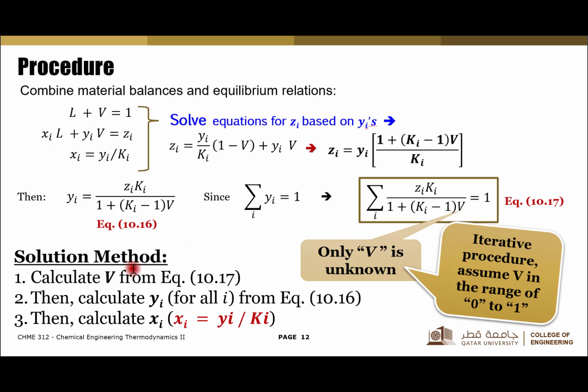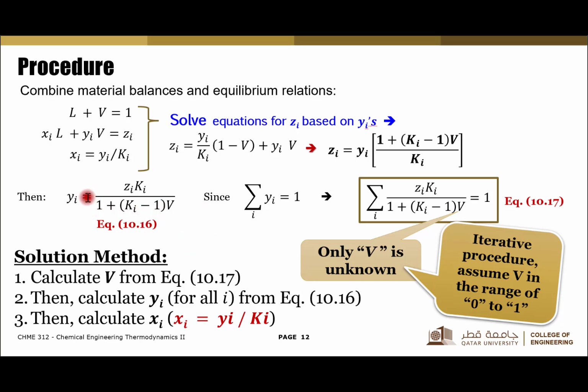Once we have that, we know the vapor, and we can get the mole fractions in the vapor phase, which is basically this equation separated into its separate terms. For component 1, y1 equals z1 k1 over 1 plus (k1 minus 1) V, and V is something you already figured out.